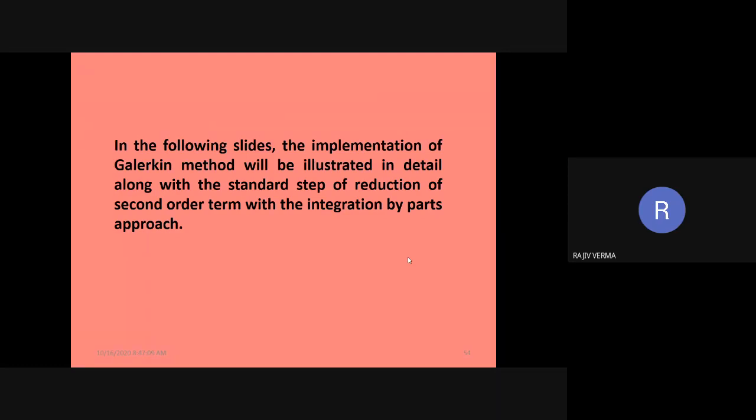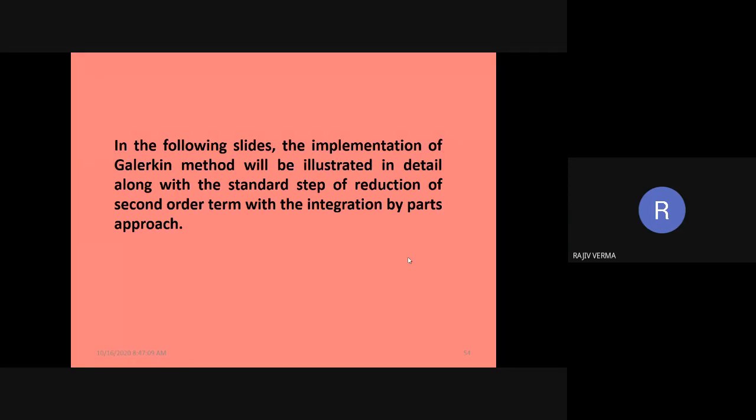Kindly remember that we have done the Galerkin approach yesterday also. In the Galerkin approach, the standard method is that you multiply the residual with the trial function itself, and this is going to be integrated over the domain.